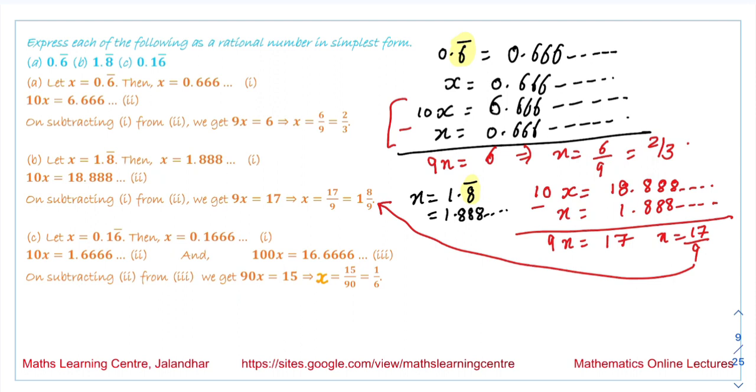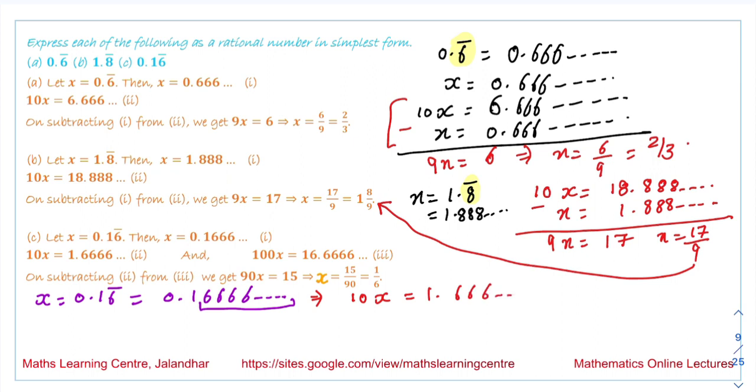Now next we have x is equal to 0.16 bar, that is equal to 0.1666 and so on. So now these are the repeated digits. First of all, we are going to do 10x is equal to 1.666 and so on. We have converted this question to this form. This is just like the previous question now.